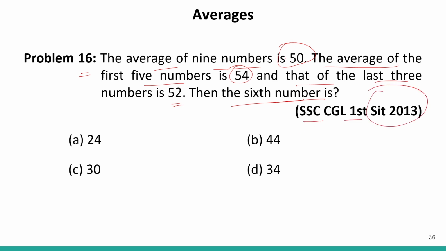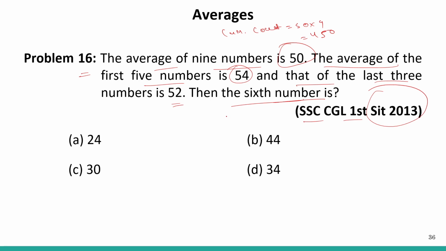The average of 9 numbers is 50, so the cumulative sum is 50 into 9, which is 450. The average of the first 5 numbers is 54 and the last 3 numbers is 52. Then the 6th number will be what?